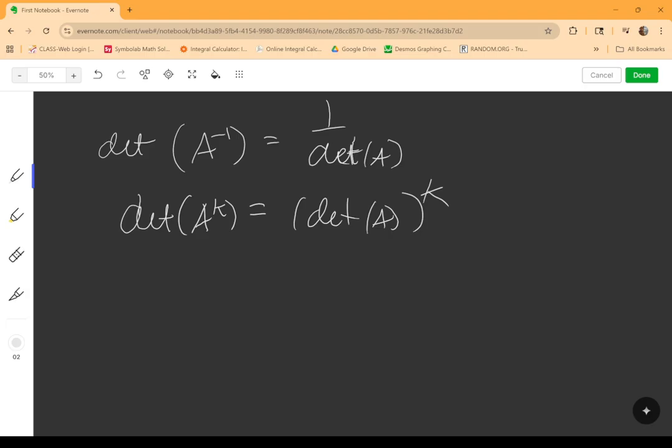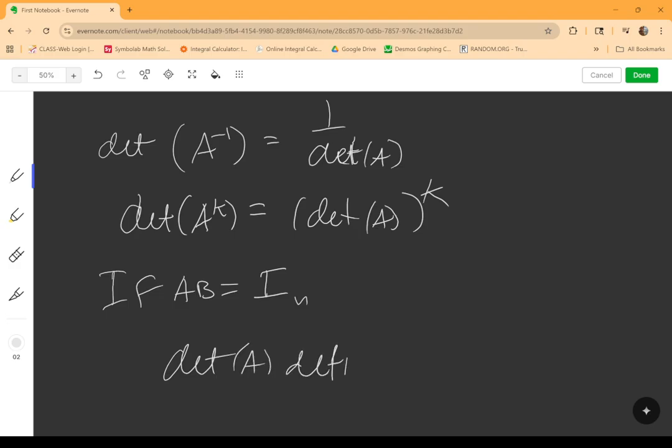And lastly, if AB is equal to the identity matrix, then the determinant of A times the determinant of B must equal 1.